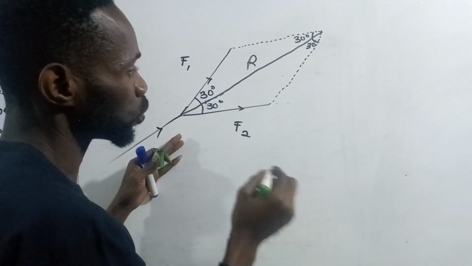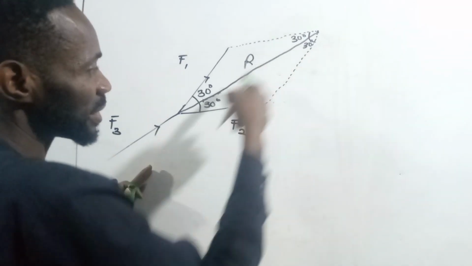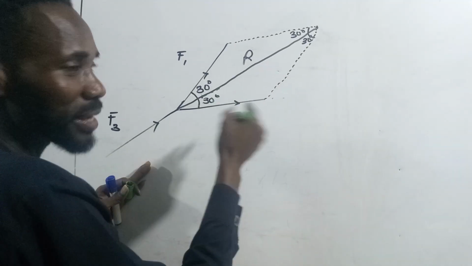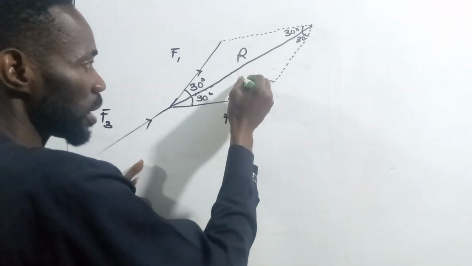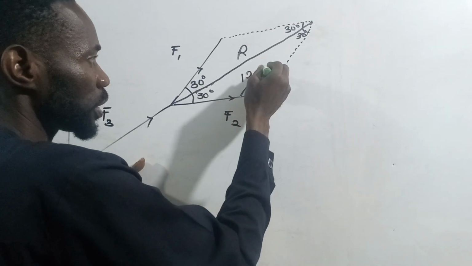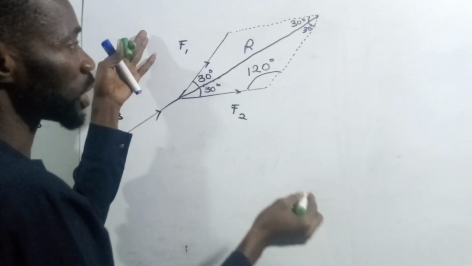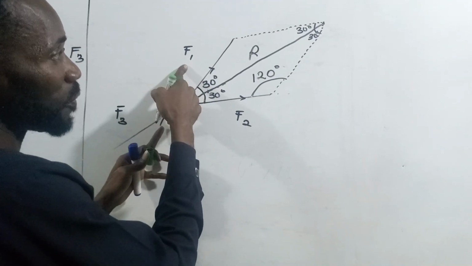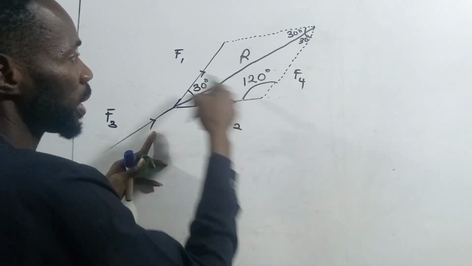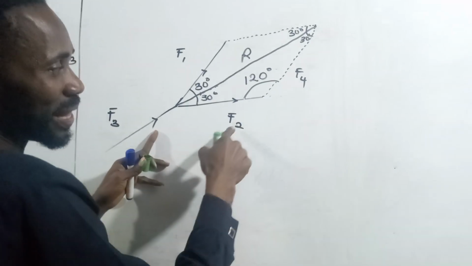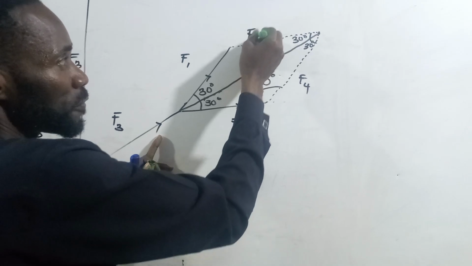If here is 30 and this is 30, that is 60. The total angle in the triangle is 180, so here automatically is 120 degrees. Let's say F1 is equal to F4, while F2 will be equal to F5.